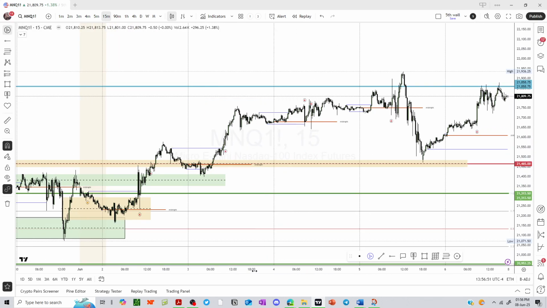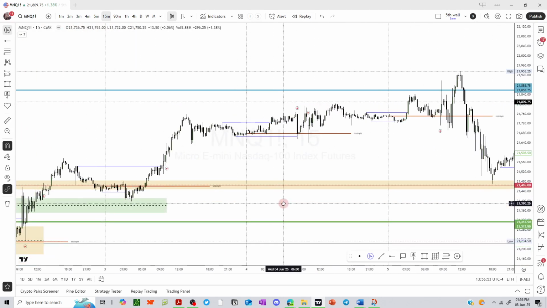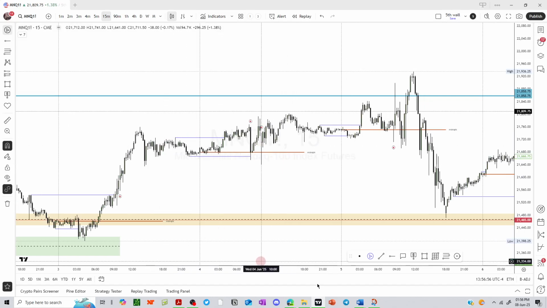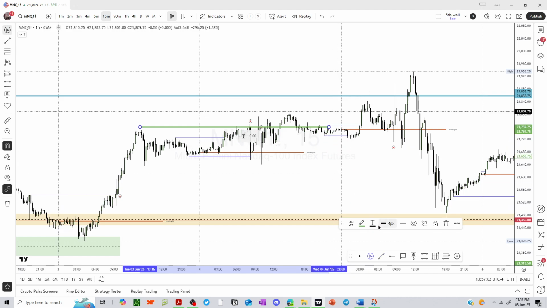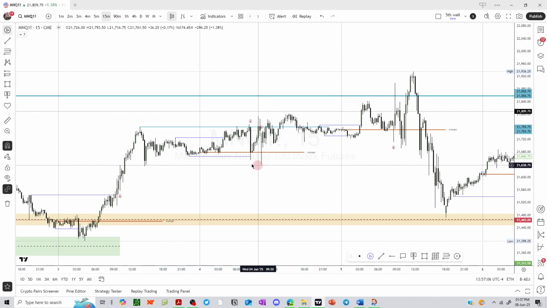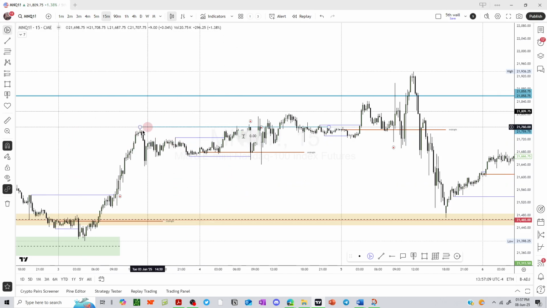And Wednesday, we don't have any PD arrays around here except this previous day's high. In previous day's high, we see that price is trading inside of a range the whole time. This is the Asia low, Asia high, Asia low.